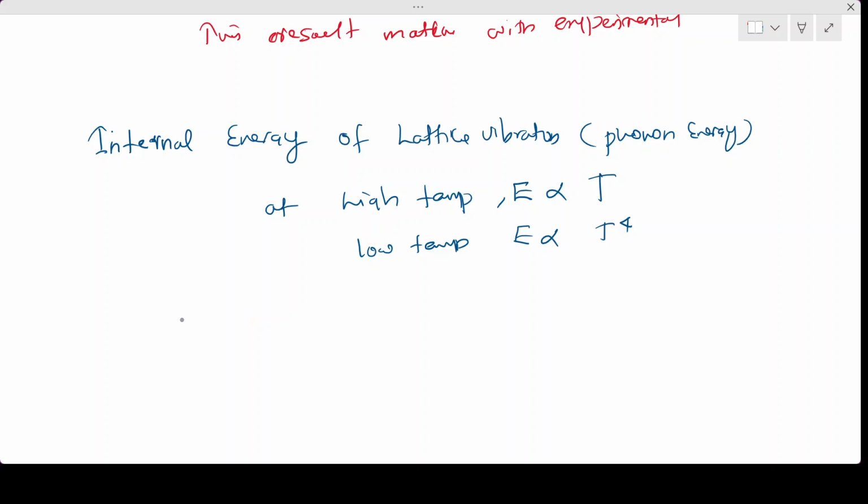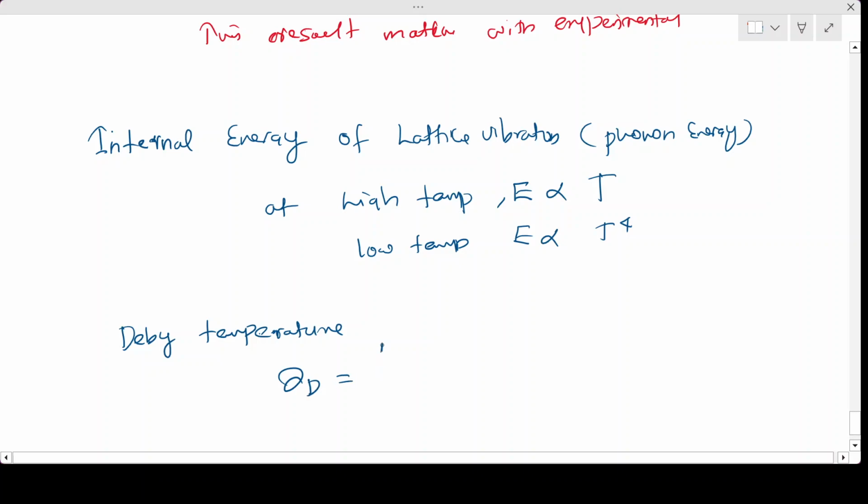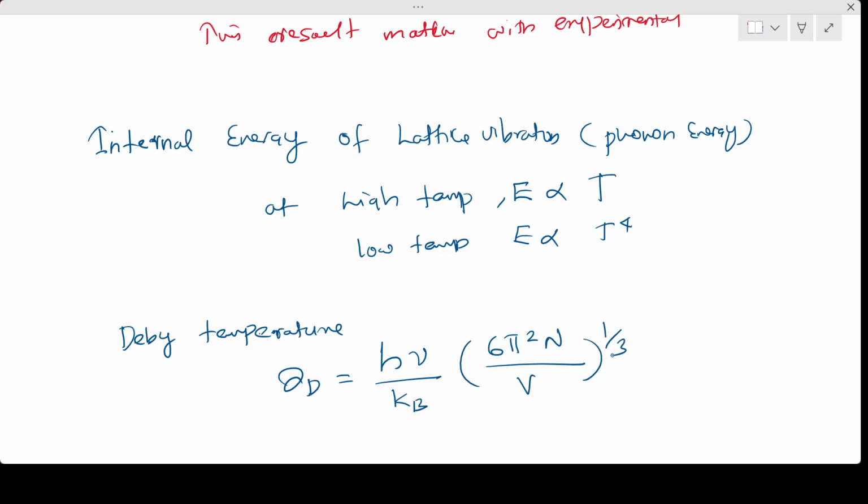When you examine this Debye temperature in a much more detailed way, you can see that this theta D you can actually write as h v by kB times (6 pi square n by V) raised to 1 by 3.